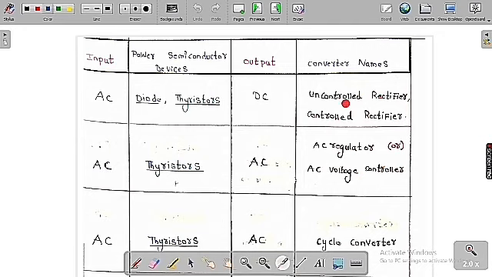If you are going to use pure diodes, it is called the uncontrolled rectifier, and if you are going to use thyristors, then it is called a controlled rectifier.